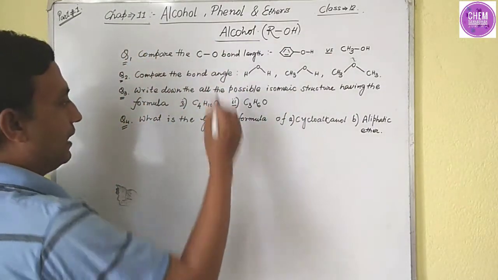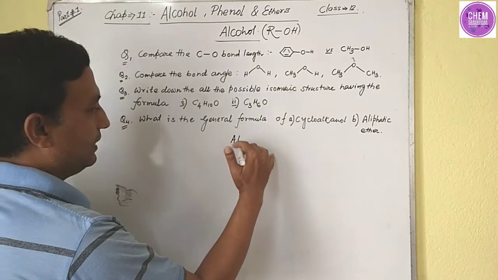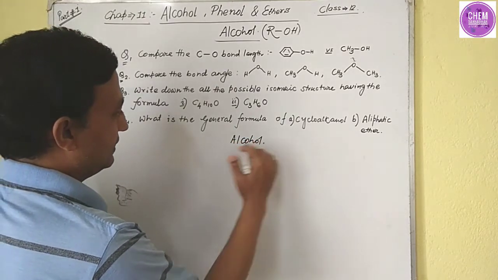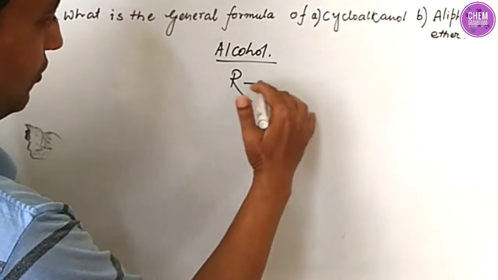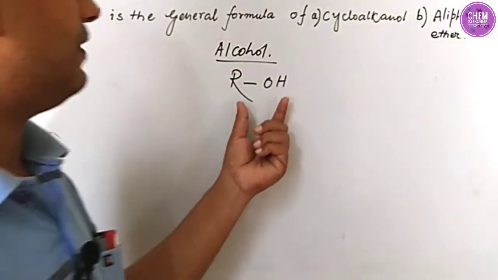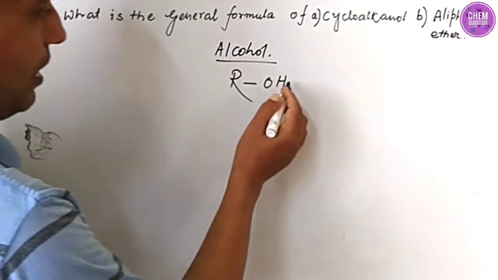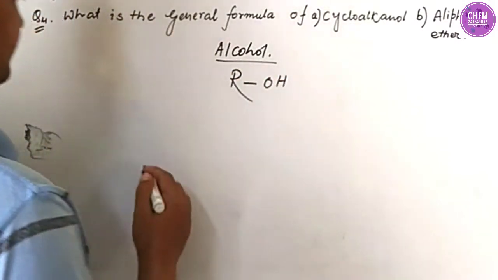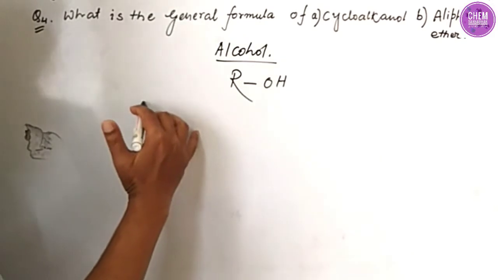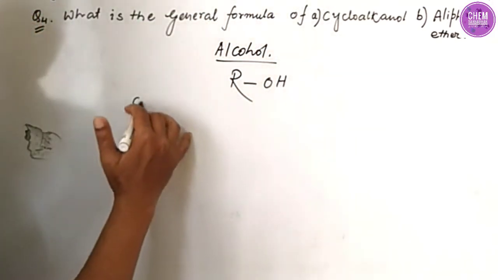Now, alcohol can be generally represented as ROH. This is the general representation of alcohol. How did this formula come? What is the relation of alcohol with water?